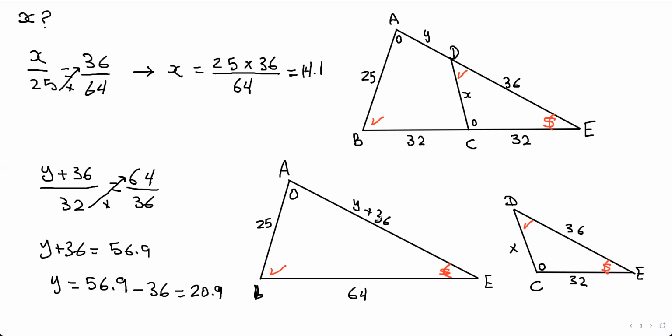So y is 20.9. But if you want to find the length of AE, we put a little line right there to say that line AE is basically 36 plus 20.9, which is going to be 56.9.